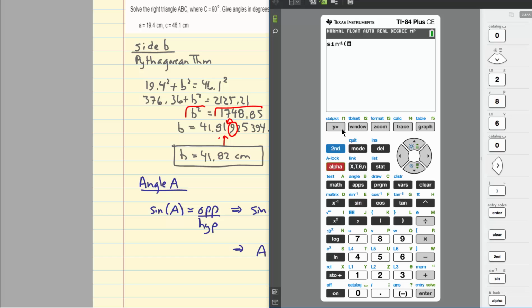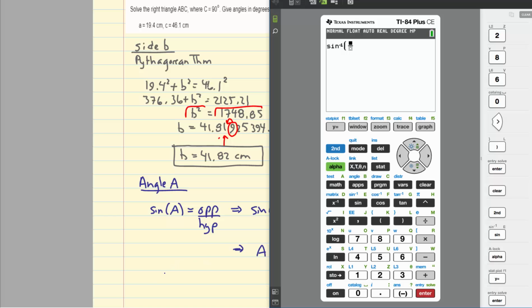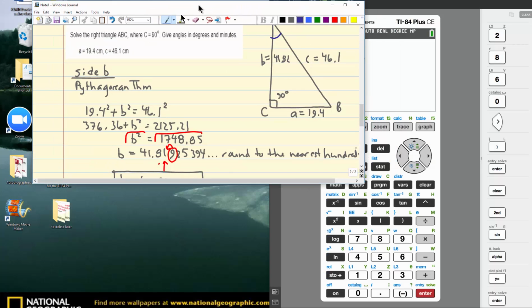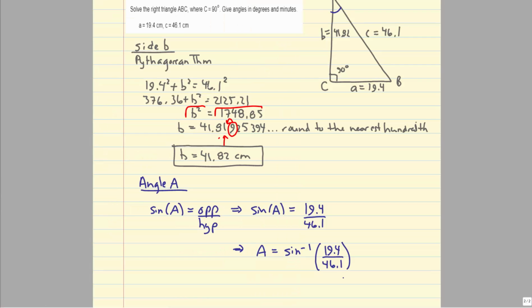I'm going to use my alpha y equal key here for my fraction. And I have 19.4 divided by 46.1. I'm in degree mode. I should always double check. And I get 24.8866 3962.